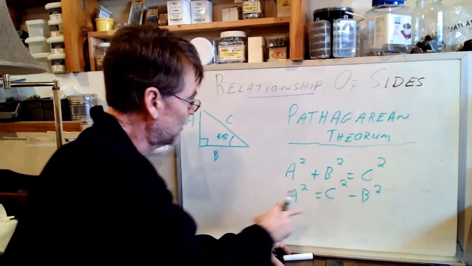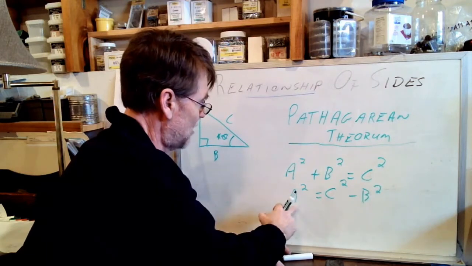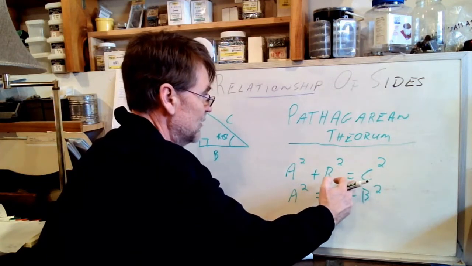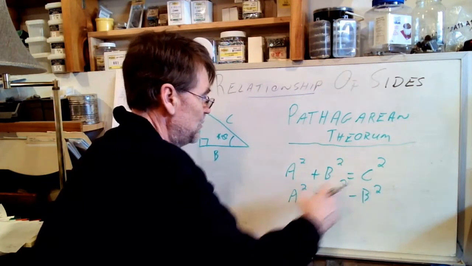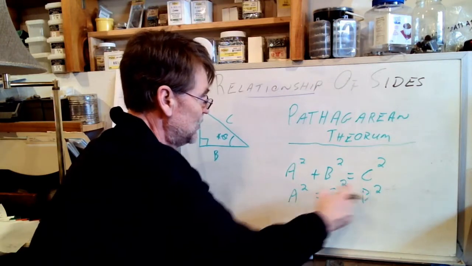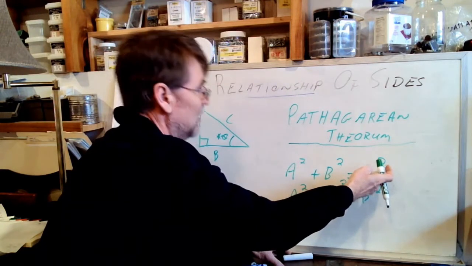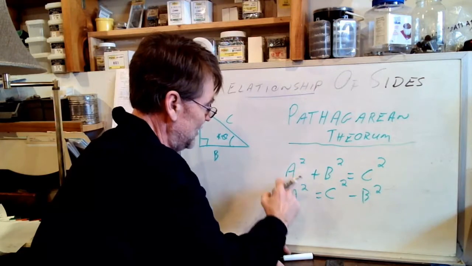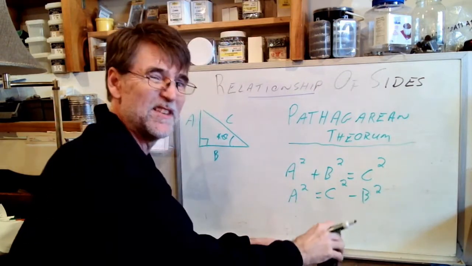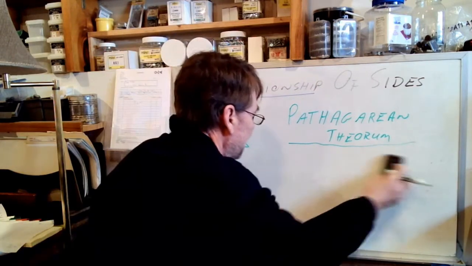Okay, and of course we always want to isolate on one side of the equal sign or the other just the value, and so we need to move this square over to this side, and here we need to move this square over to that side.